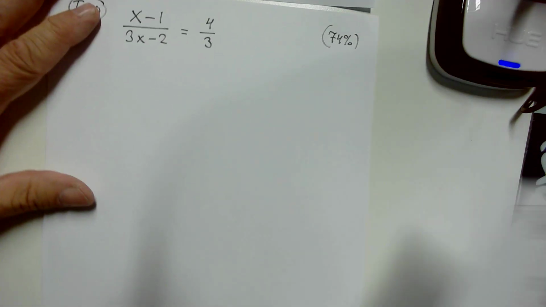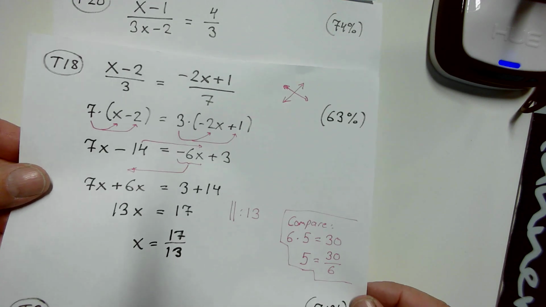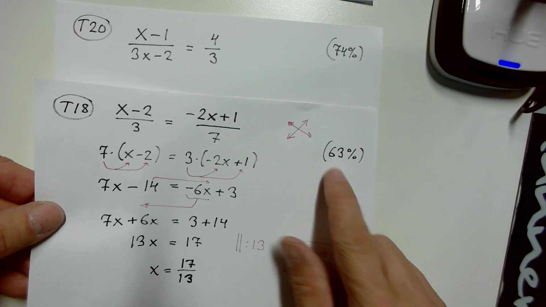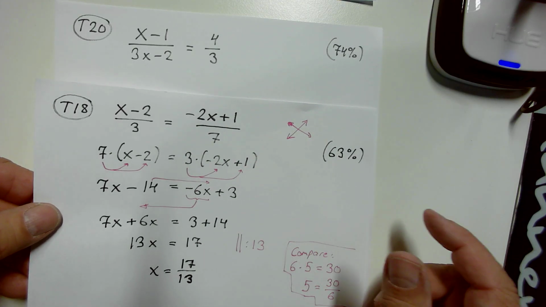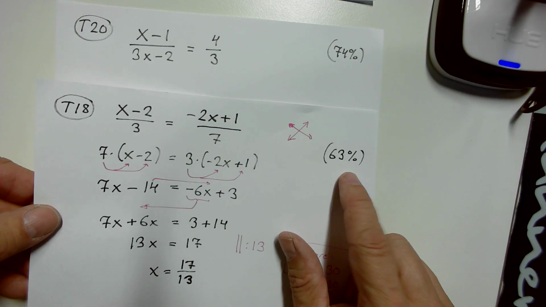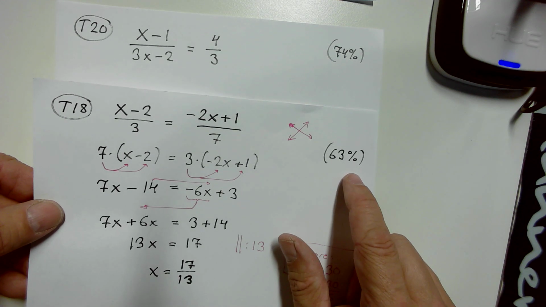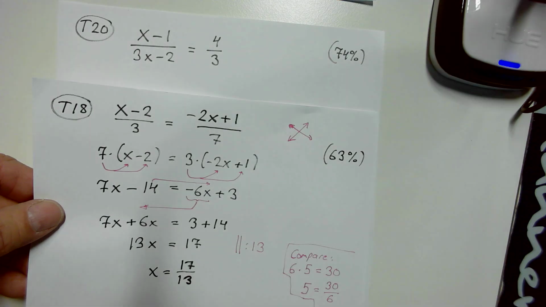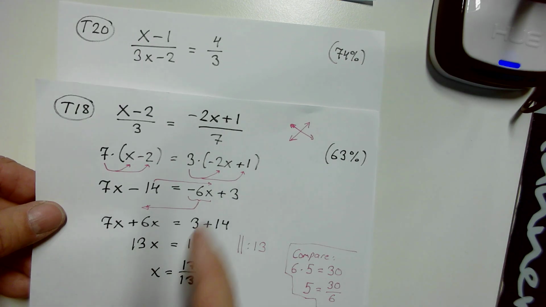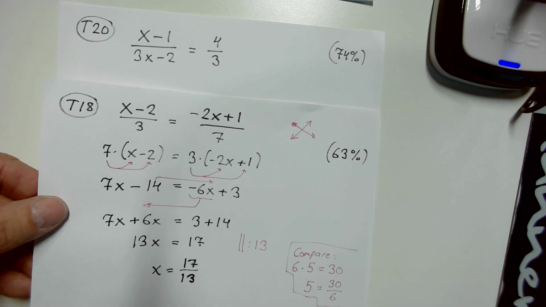Again, I'm a bit confused that this 18 was in the first step, in the first test. It seems to be a little harder for students than this number 20, even though in my opinion this looks like a little bit easier one.